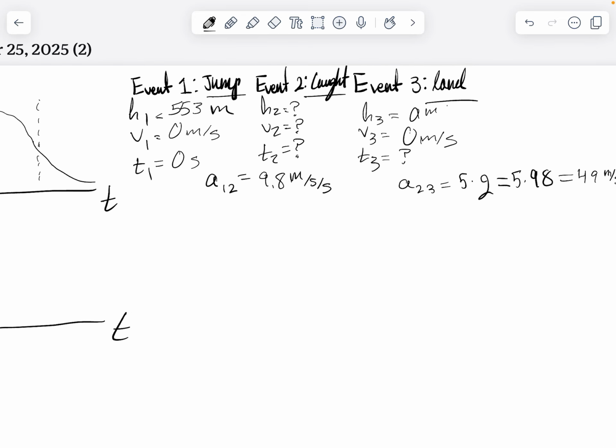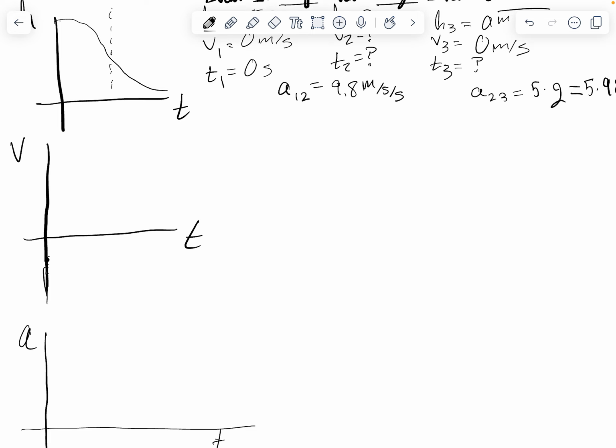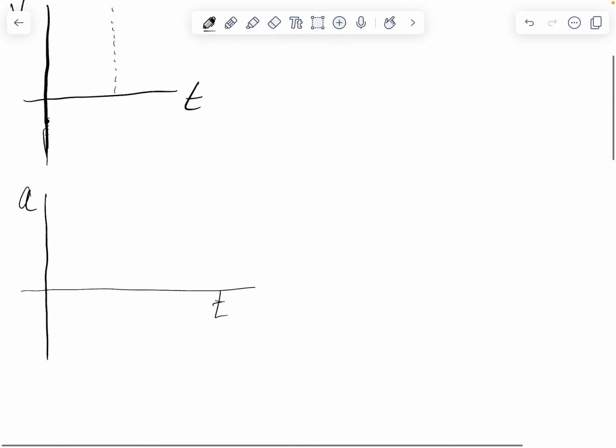Okay, so what we're going to do next is draw the other graphs. So we got velocity here. I'm going to draw the midpoints for every single one to make this a little quicker.